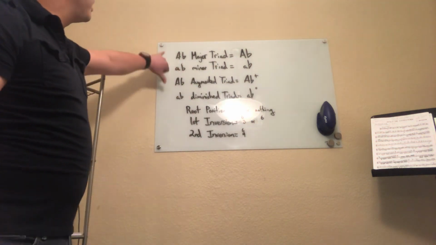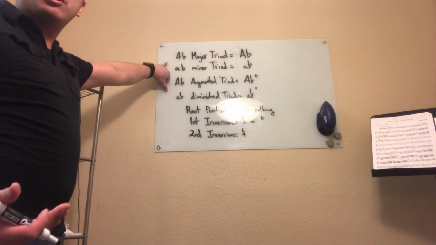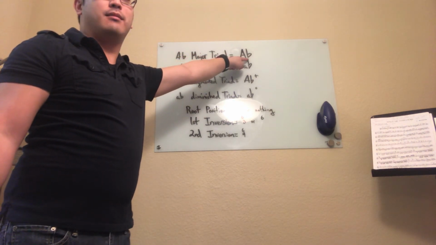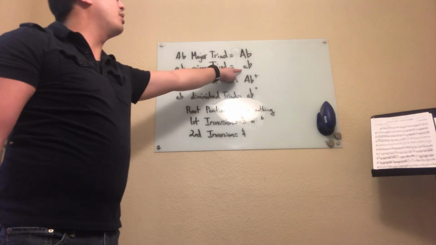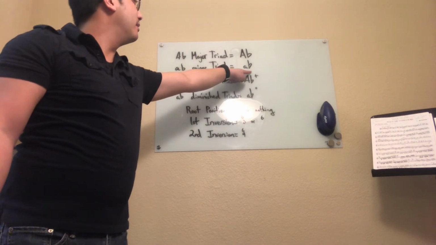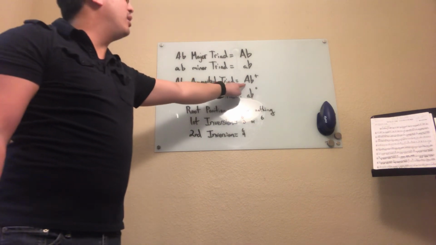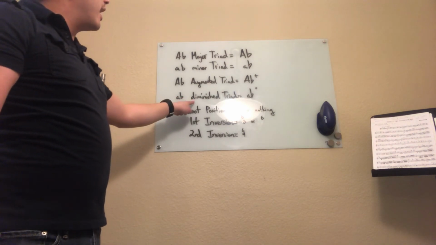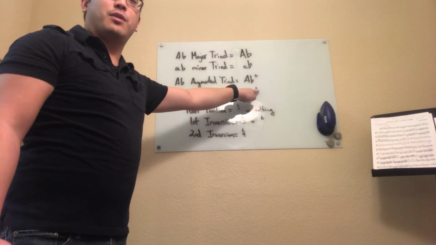So the top part of this talks about the 4 basic triads. If I wanted to write A flat major triad, I would just write capital A flat. If I wanted an A flat minor triad, I would write lowercase a flat. For an A flat augmented triad, capital A flat with a plus. A flat diminished triad, I would have A flat lowercase with a small circle.